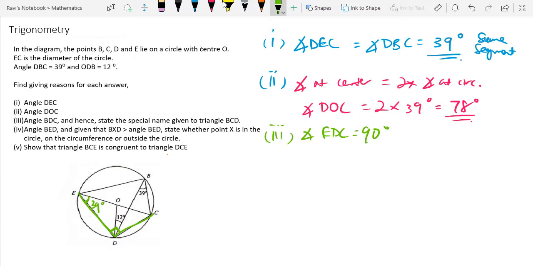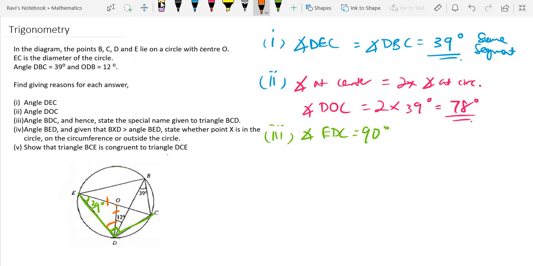So based on that, we can say that angle BDC is equal to 90. Before that, we still need to find what is this angle over here. How do we find this? We know that this is the center of the circle, which means that OE and OD are both radius of the circle.